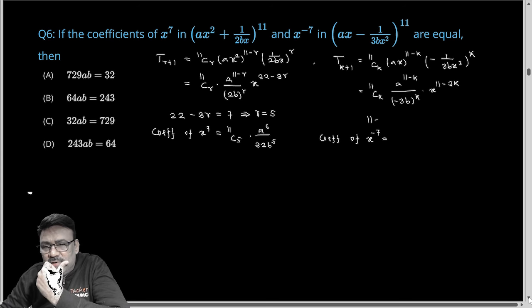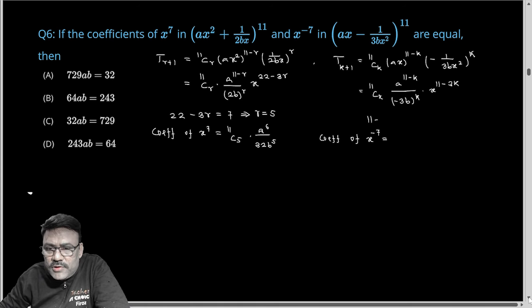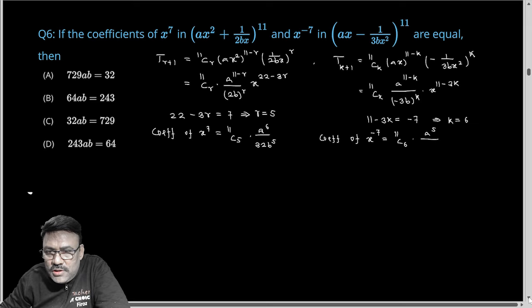So I'm getting 11 minus 3k is equal to minus 7. So this gives you k is equal to 6. So hence coefficient of x raised to minus 7 is 11C6, A raised to 5, 11 minus 6, then 3 raised to 6, b raised to 6.